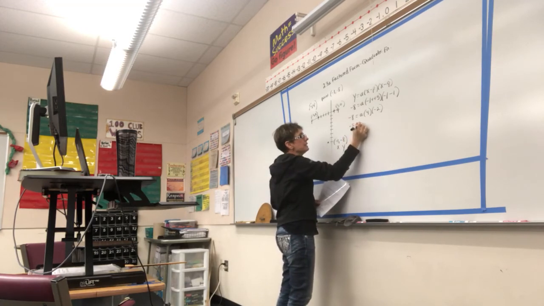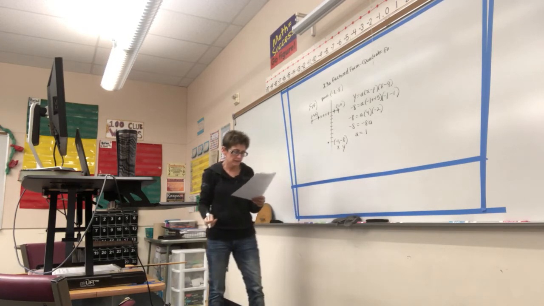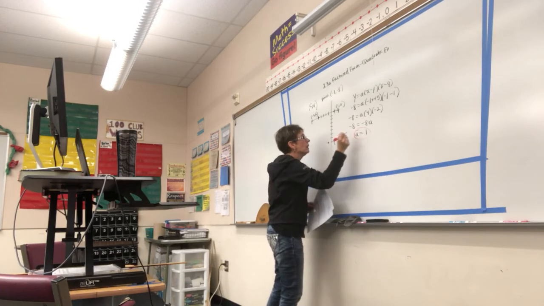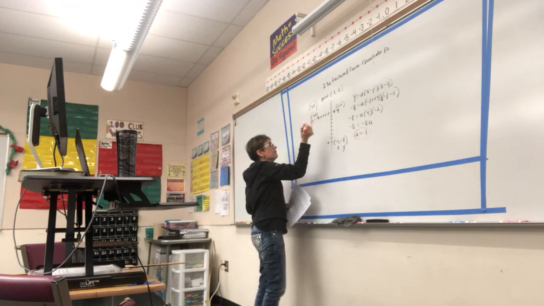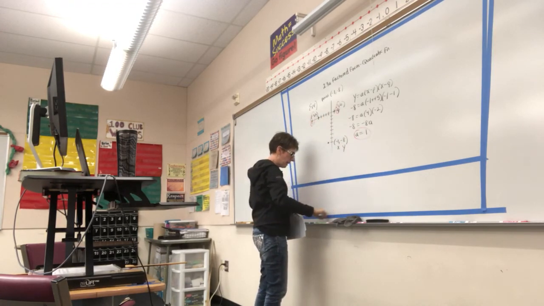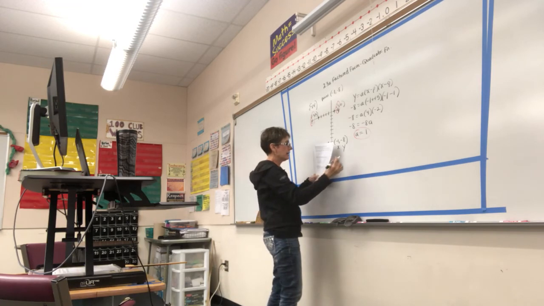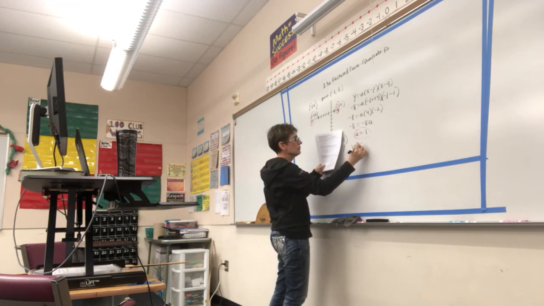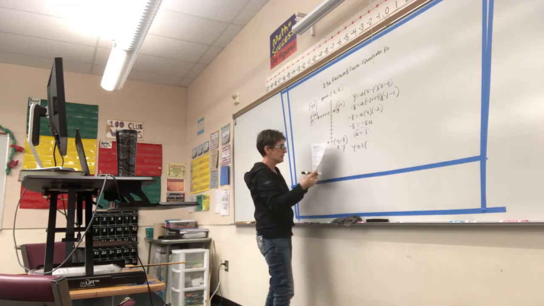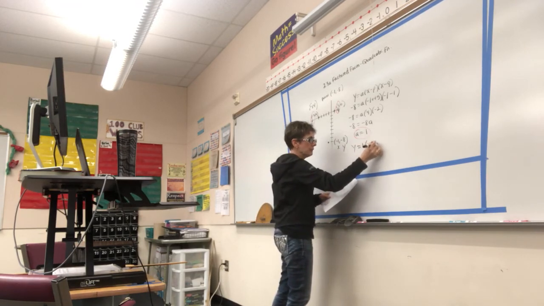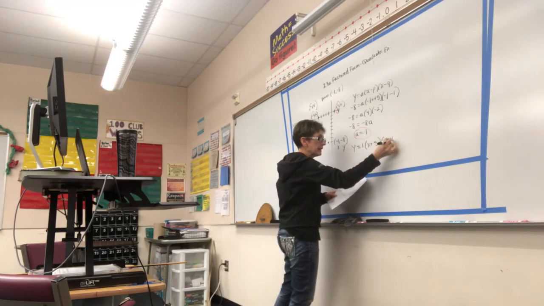Or -8 equals -8A, or simply A equals 1. So now we've got that A is 1. We know our P is -5 and our Q is +1. And so we're going to write the equation using that information. So we're going to write Y equals 1 times, because 1 is our A, and then X plus 5 times X minus 1.